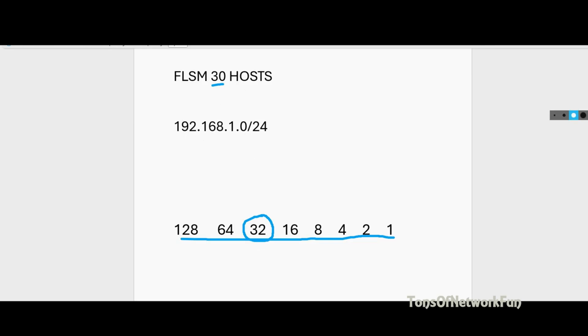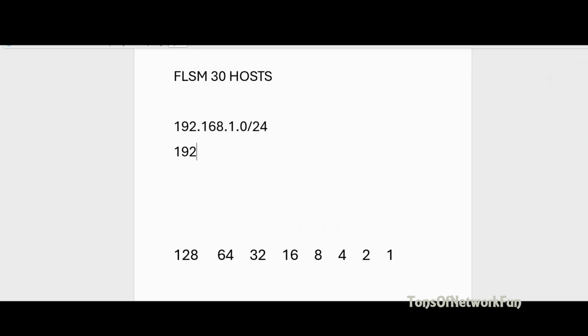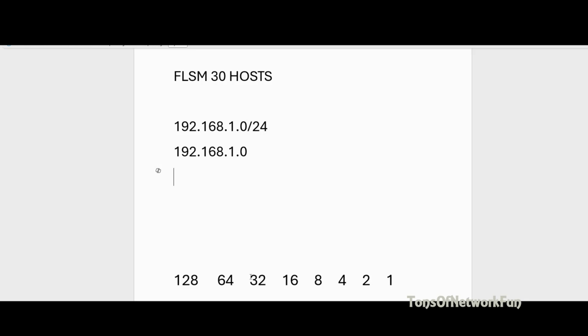That will be our network ID. You always start with whatever network ID is given to us. And then we go with 32. So 32 minus 1 is 31, and that will be our broadcast ID, 192.168.1.31.